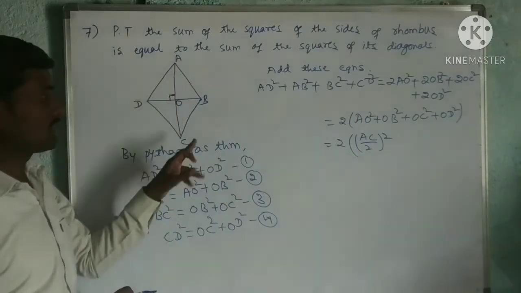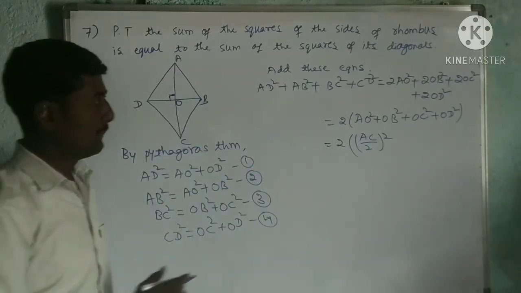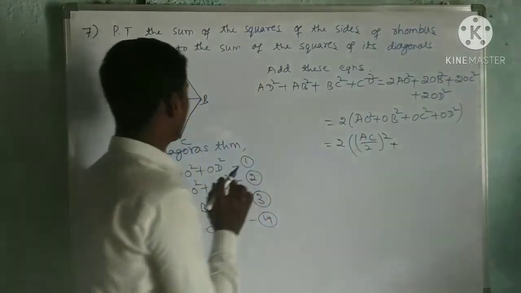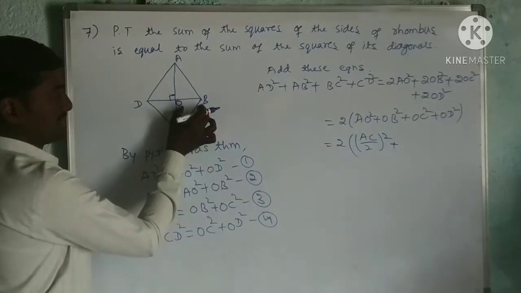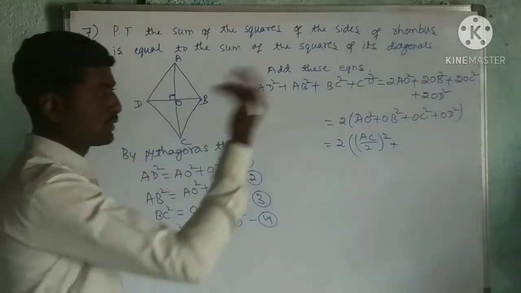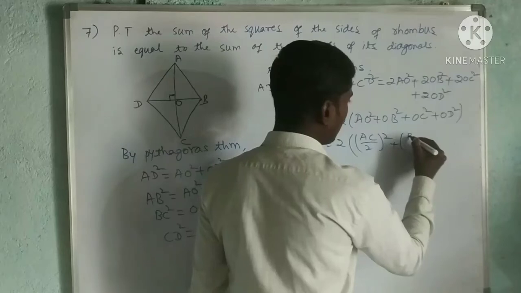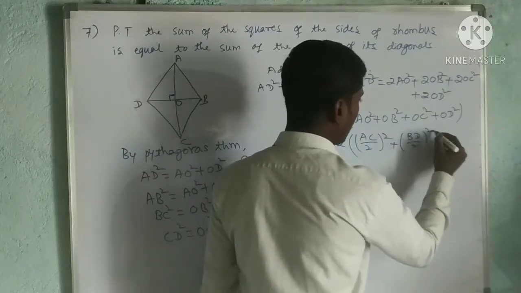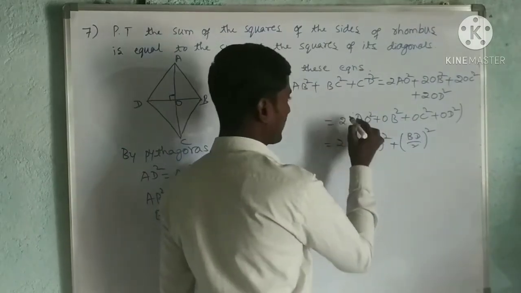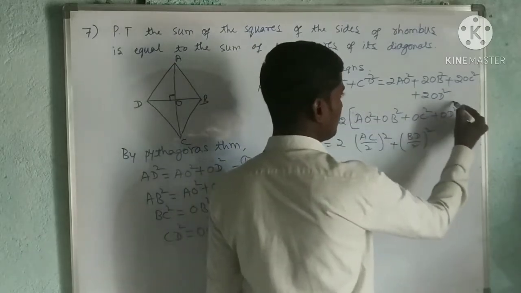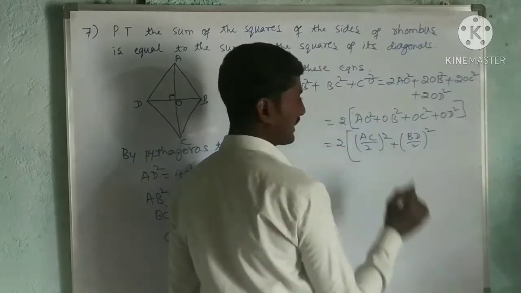AO is nothing but AC divided by 2. Plus OB square, OB is here, so I can write BD divided by 2 whole square. This I'll write in square bracket.